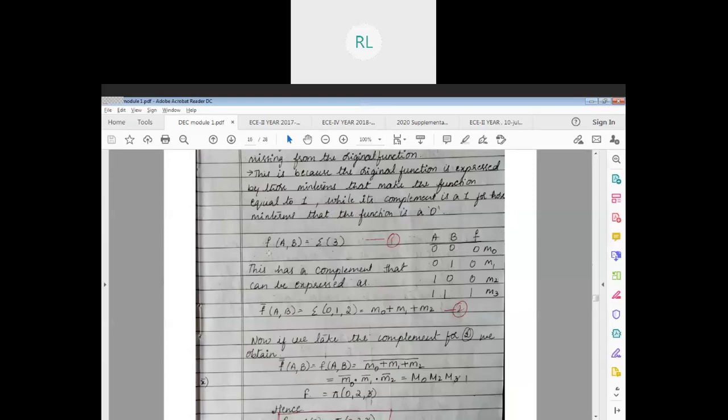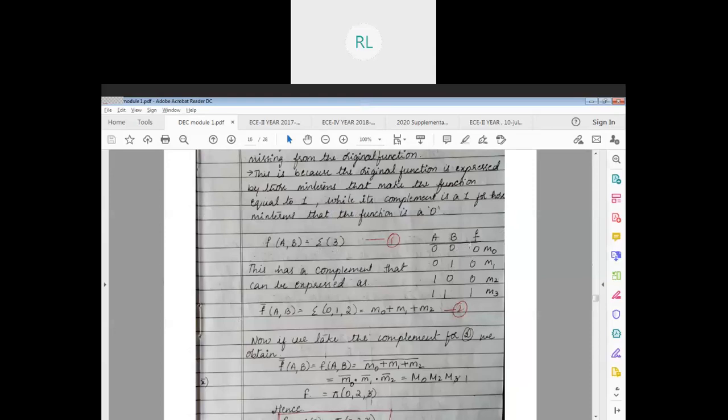When I say 3, it means that the output of the function is high for the input variables A and B at this combination, which is 1 1. So this is how you have to understand. Now this has a complement that can be expressed as, suppose I take a complement of this.